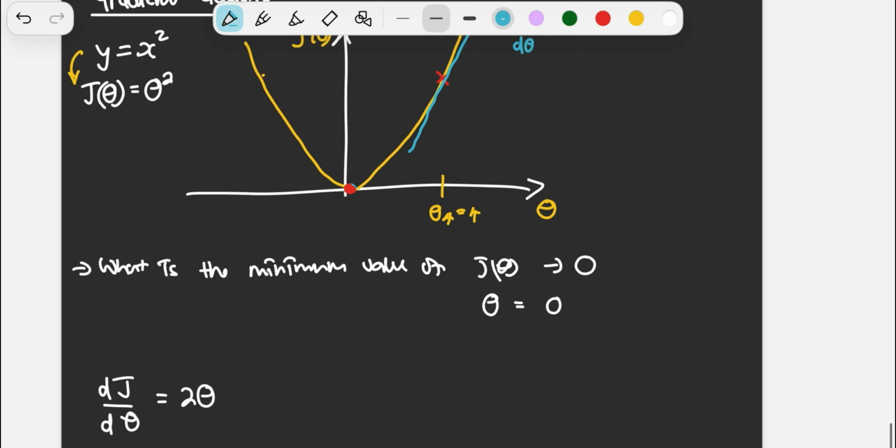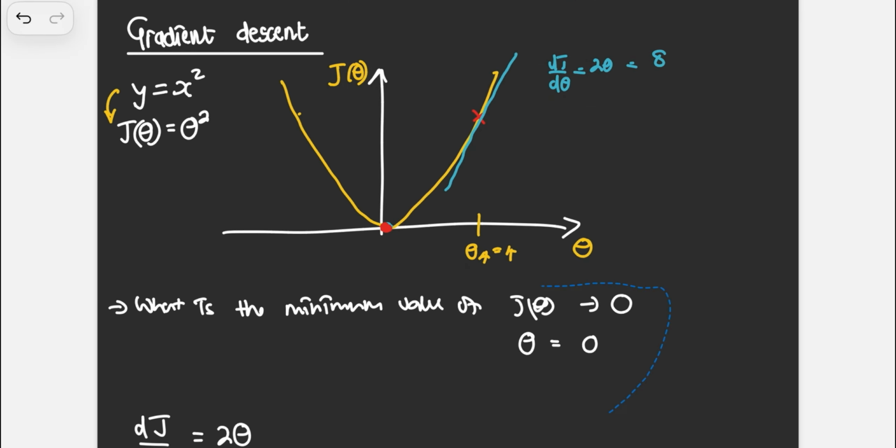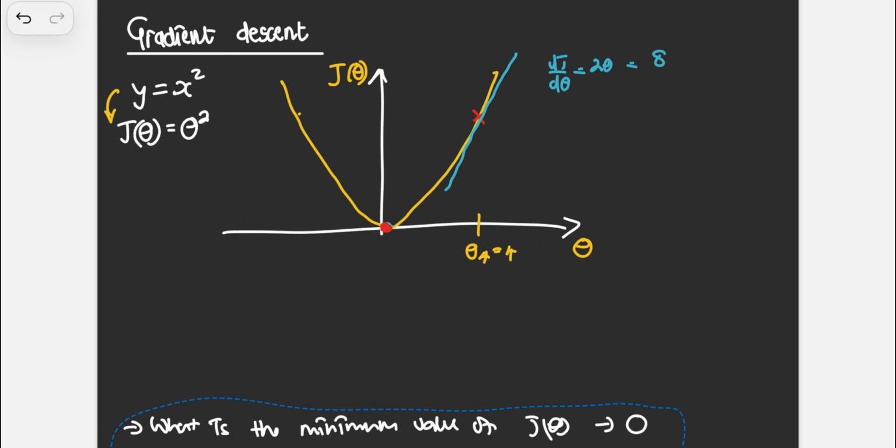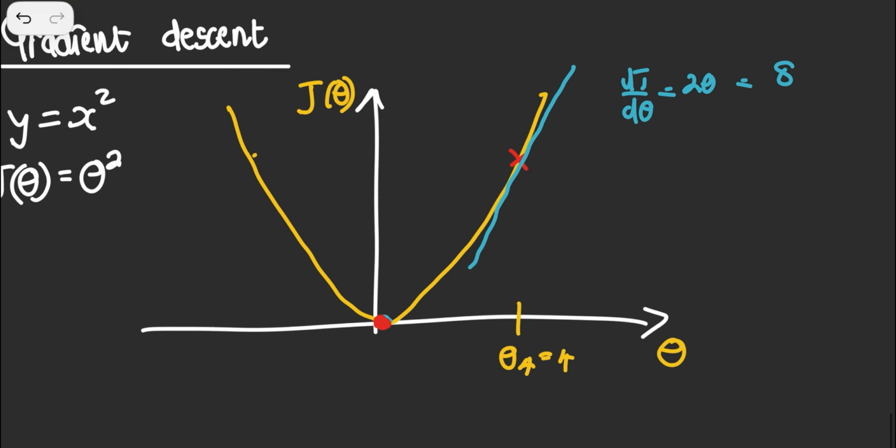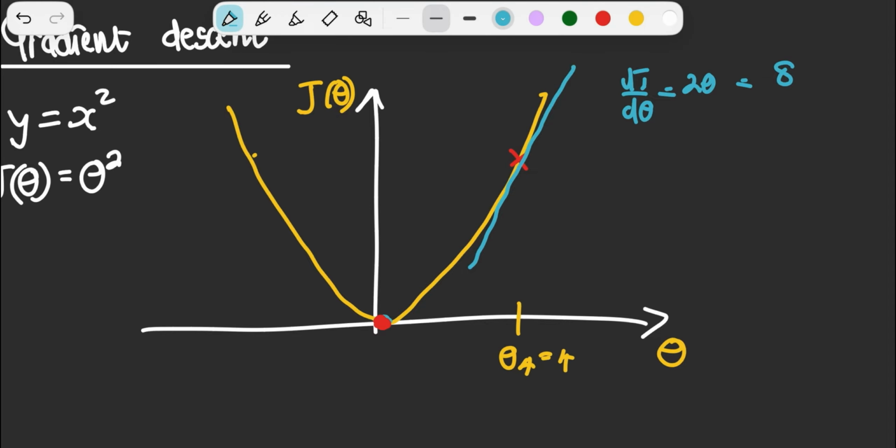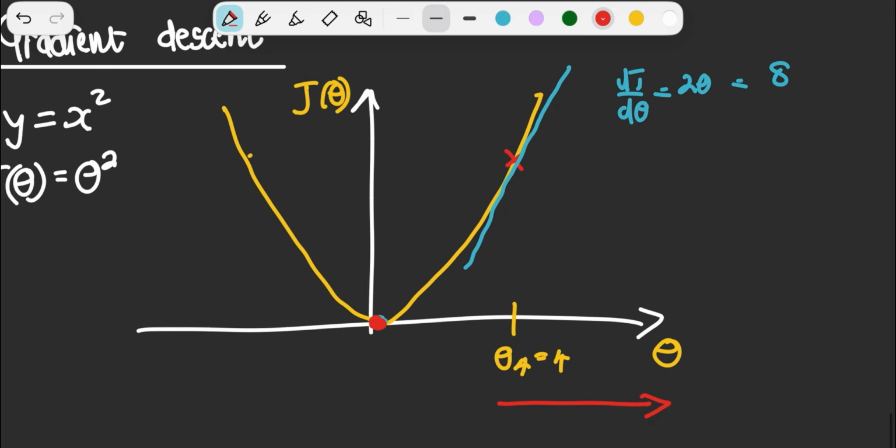What this gradient tells you is very simple. This gradient tells you if you're to increase values of theta and go in this direction, then this function is going to increase, right? That's basically what the gradient tells you. If you're to increase values of theta, the j of theta is going to increase, because bear in mind that the gradient is the slope of this line.